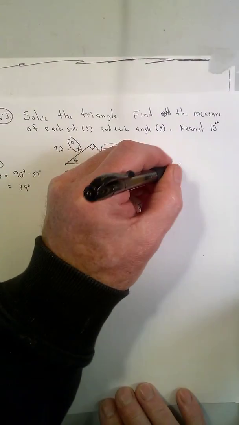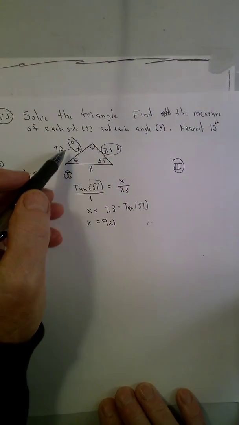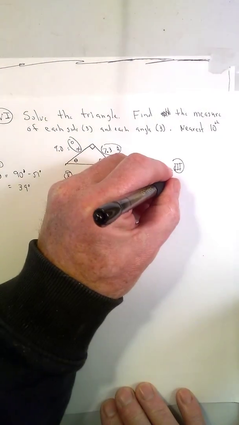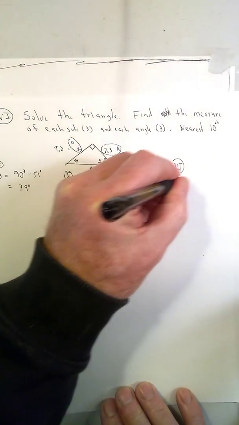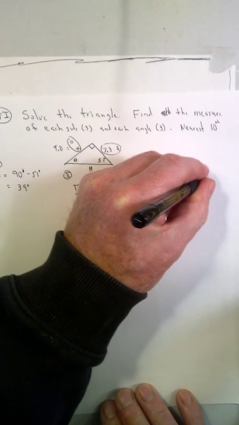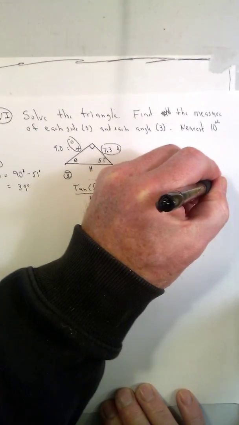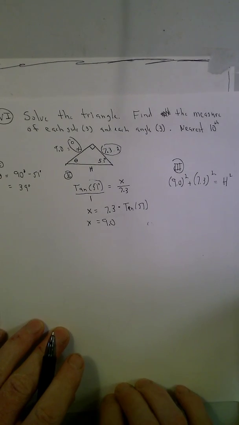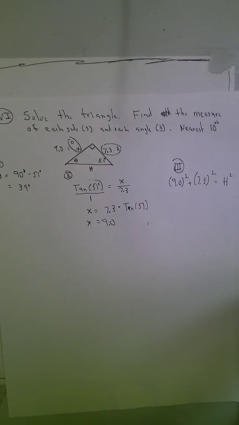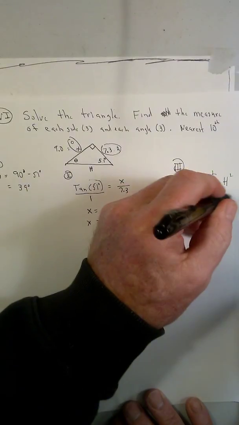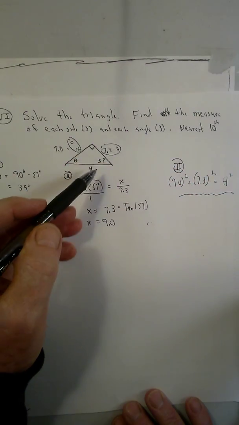Now once you have two sides, you could do the Pythagorean theorem. Legs squared plus legs squared equals the hypotenuse squared, and do the Pythagorean theorem. Or you could do another trig ratio. And that's what I'm going to do. So I'll use the 51.